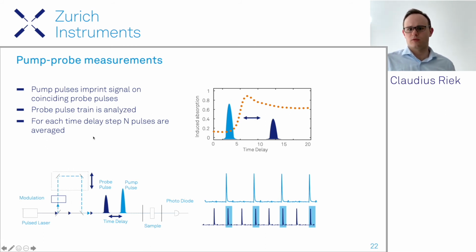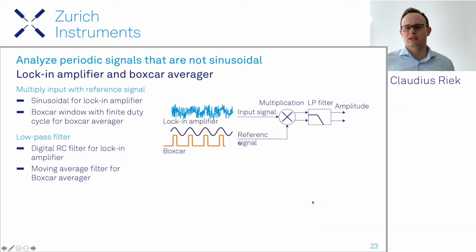In a normal pump probe experiment, you would delay one branch against the other, and depending on the delay, you would see an imprinted change which the pump pulse imprints onto the coinciding probe pulses. On the pump pulse train, it would mean you have for example every second pulse of the probe pulse train carrying a signal. Now, in this case, another instrument comes into the game, the so-called boxcar averager.